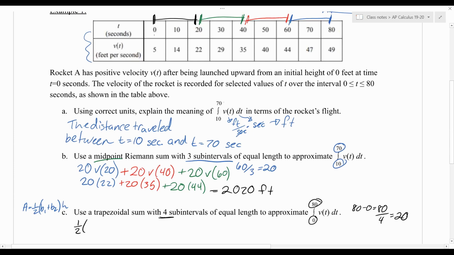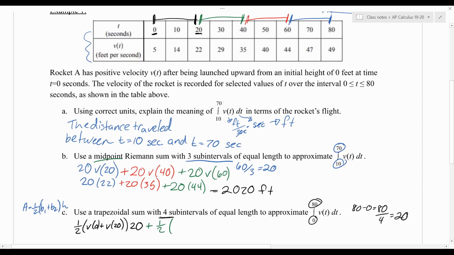The first base, we're going to use 0. The second base, we're going to use 20. So v of 0 plus v of 20 times the height here is 20. Next, we're still going to have our 1/2.